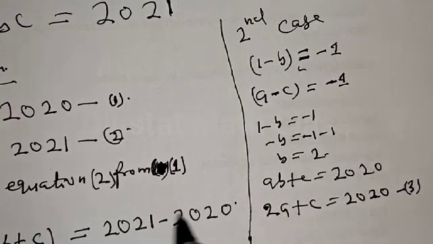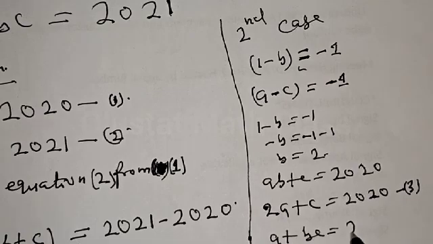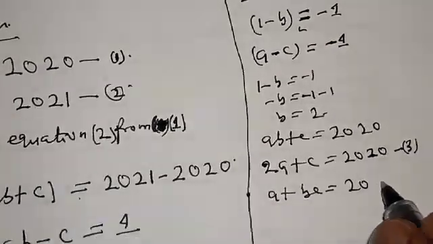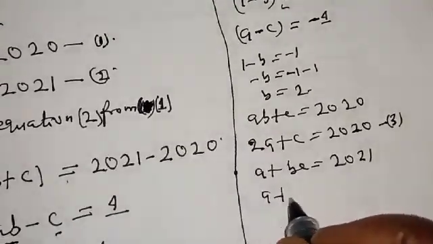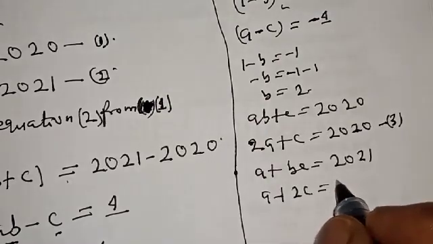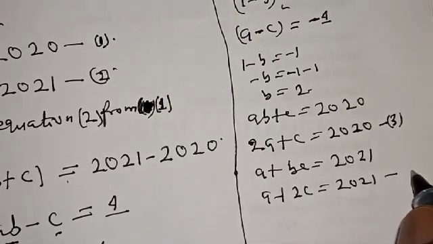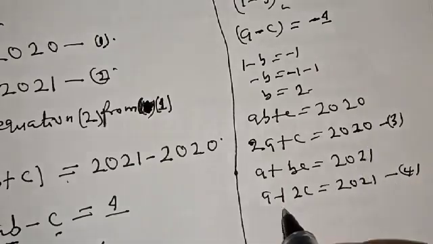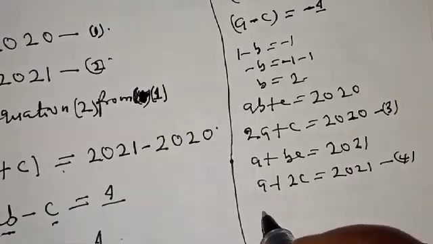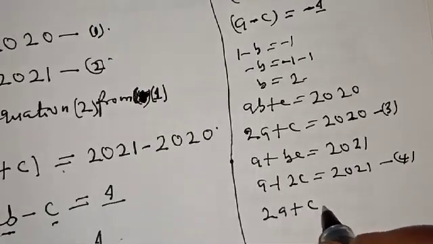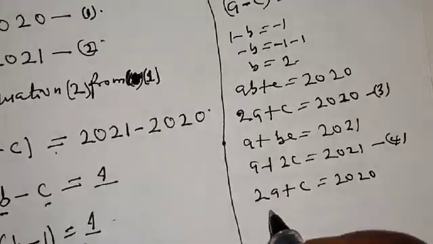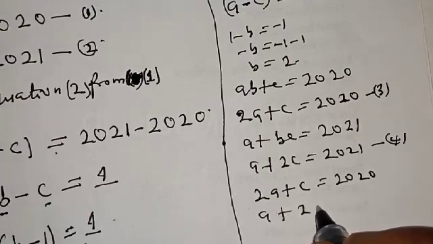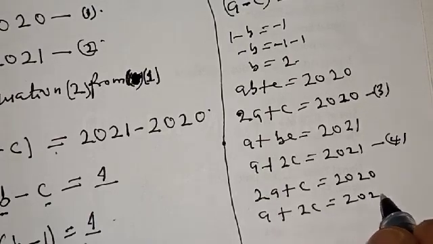Then we also have A plus BC equal to 2021. Then A plus 2C equal to 2021. Let's call this equation 4. Then from equation 3 and 4, we have 2A plus C equal to 2020, A plus 2C equal to 2021.